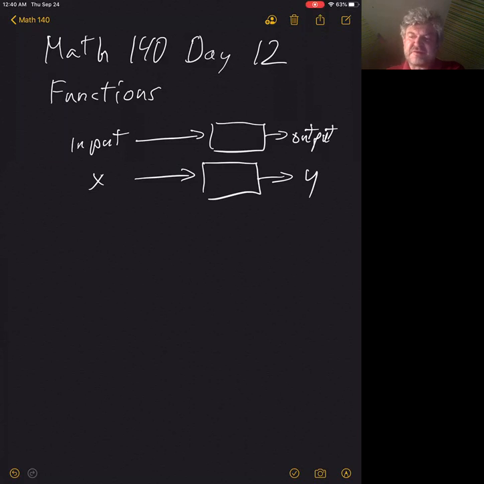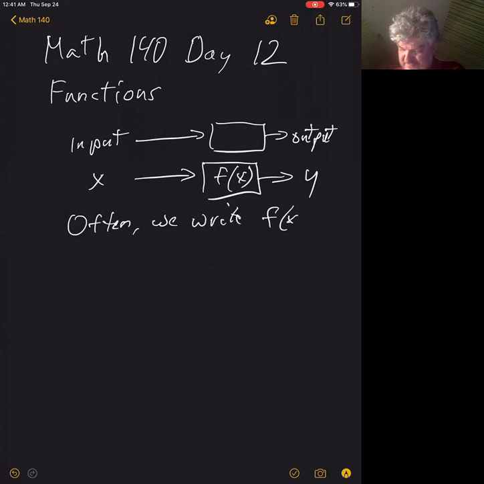Now, we will oftentimes use a notation where we have a formula for this output, and we write f of x. So we will often write f of x is y.